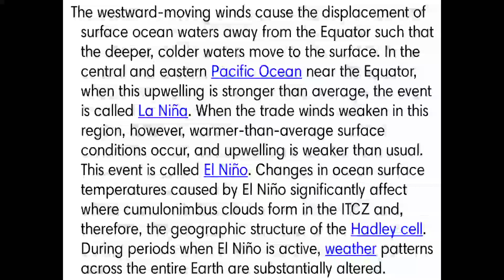Changes in ocean surface temperature caused by El Nino significantly affect where cumulonimbus clouds form in the ITCZ and therefore the geographic structure of the Hadley cell. During periods when El Nino is active, weather patterns across the entire earth are substantially altered.